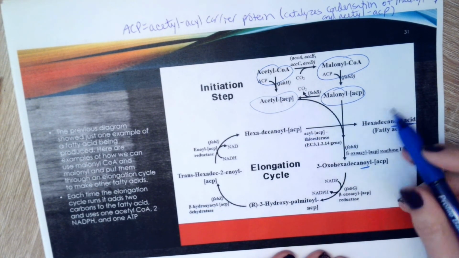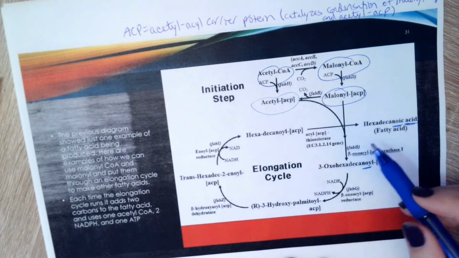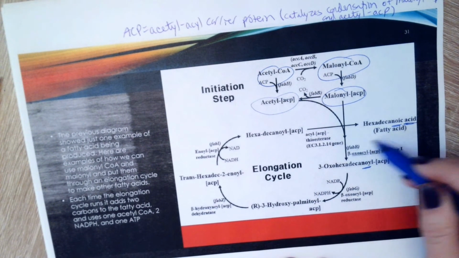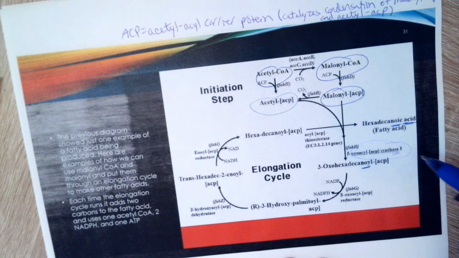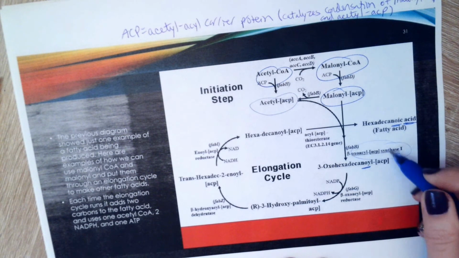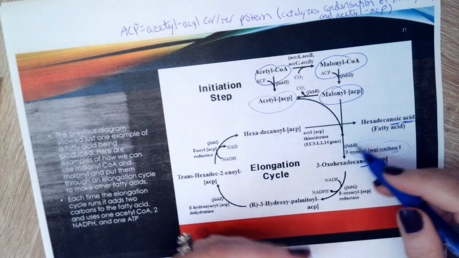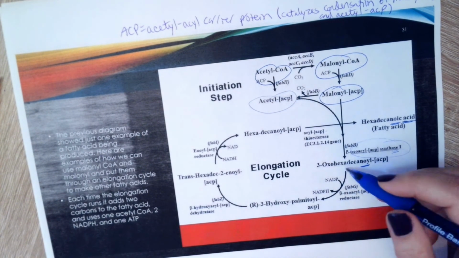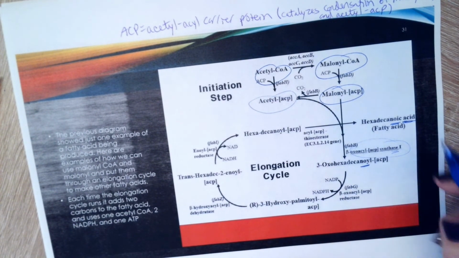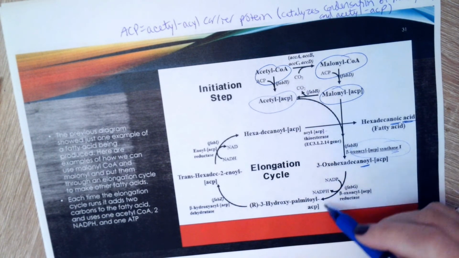And you can just see all the steps here where we're just using enzymes. When you see the ACE, that's an enzyme, so we're using specific enzymes to create specific fatty acids as we go through our elongation cycles.